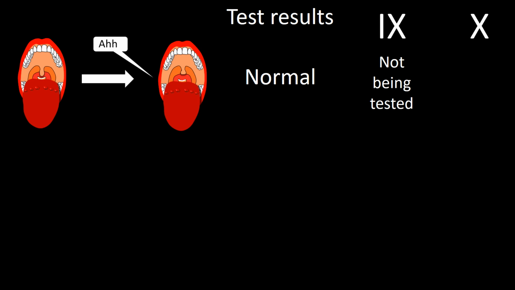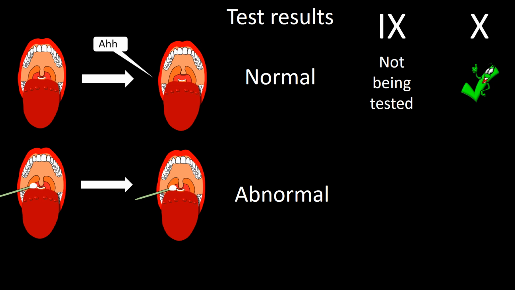9 is not used for this test because the stimulus for the palate to go up is not triggered by sensory stimulation of the back of the throat. Thus, this test does not actually test cranial nerve 9. But the contraction of the palate muscles, which is mediated by the 10th, is good.